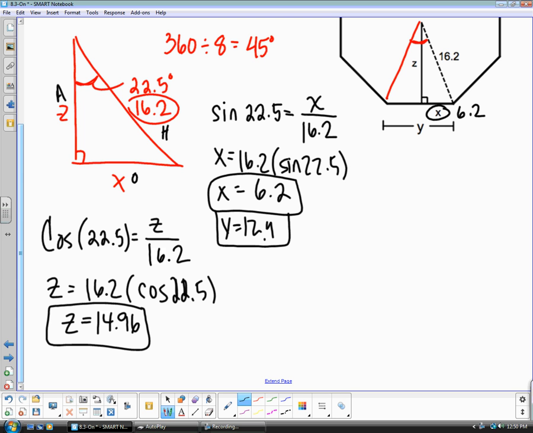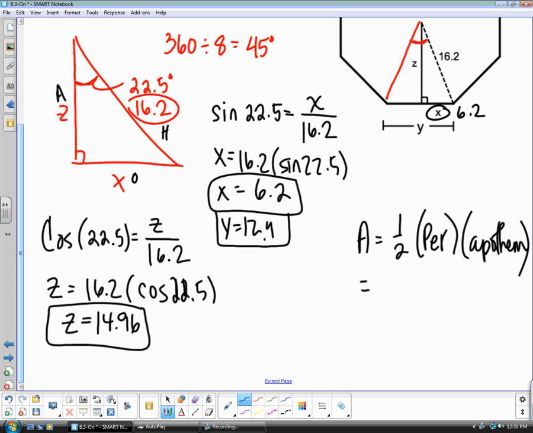Now you want to recall how to find the area of a regular polygon. To find the area of a regular polygon, you need to take 1/2 times your perimeter times your apothem. Now we've already done that. We've done that last trimester. We should be able to easily figure out the perimeter. We know what each side length of that octagon is. It's 12.4, and there's 8 sides in an octagon.